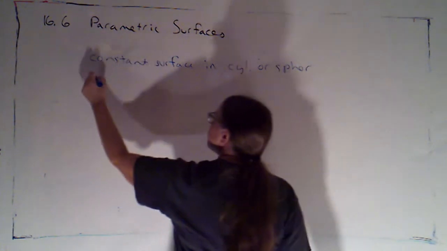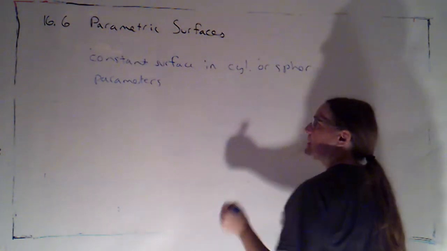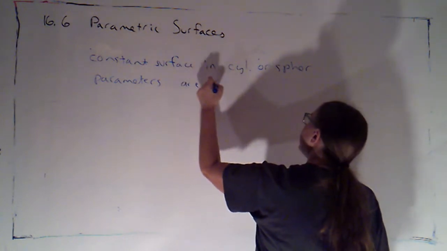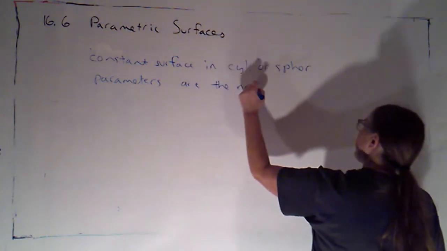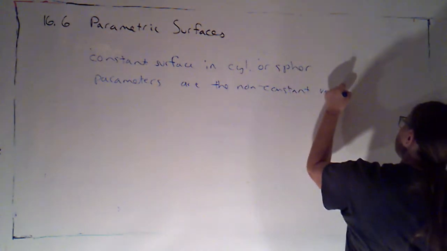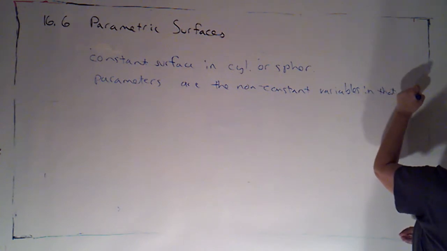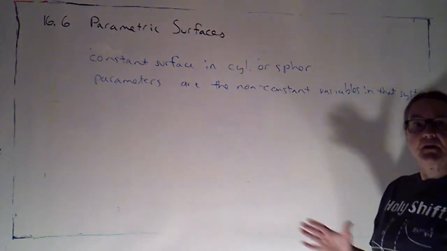In that case, the parameters, the two variables that I'm going to use, are the non-constant variables in that system. Now, what do I mean by that? Well, let's take a look.